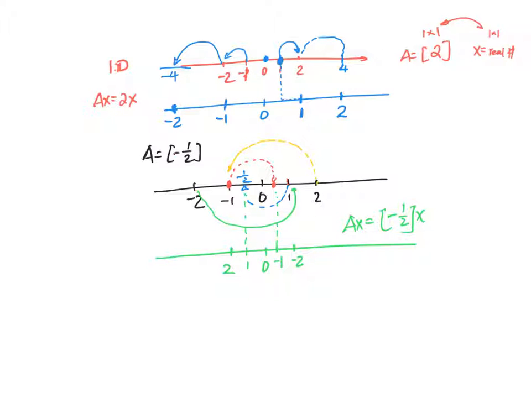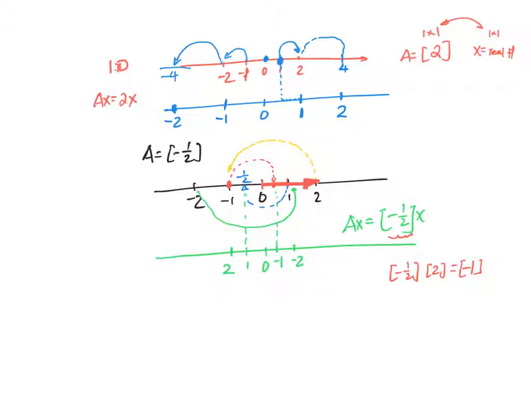Now maybe another way to look at what this does is to think about an arrow. On the original number line, I'm going to make an arrow. So this is the vector 2. After this transformation, the vector 2 becomes the vector -1, right?